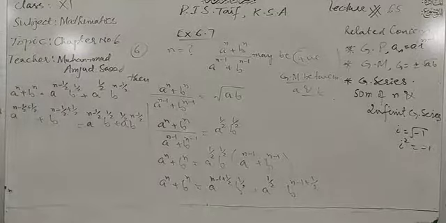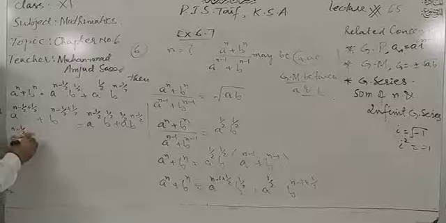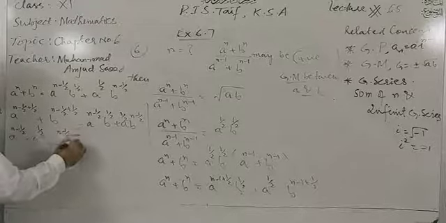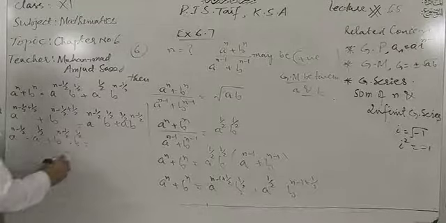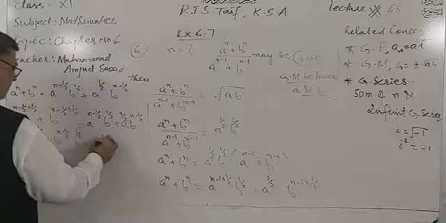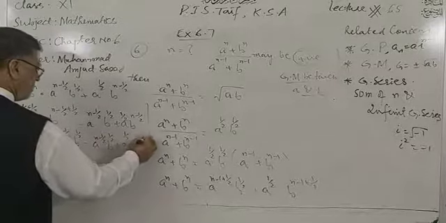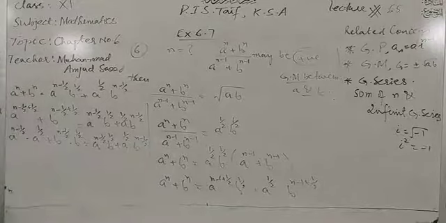Now on the left hand side you can break down the powers: a^(n-1/2) a^(1/2) + b^(n-1/2) b^(1/2) = a^(n-1/2) b^(1/2) + a^(1/2) b^(n-1/2). This is a^(n-1/2) and this is a^(n-1/2).